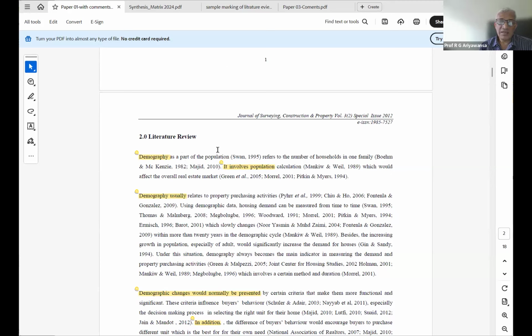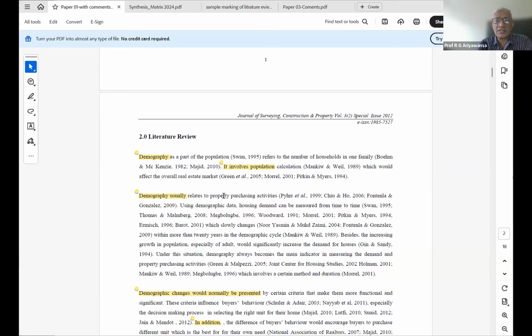To provide this small statement, these authors have referred to 3 articles, and very strongly they are developing this statement. Demography as a part of population refers to the number of households in one family. So it is a simple idea, but it is not personally provided; it is based on others' opinions and findings, right?